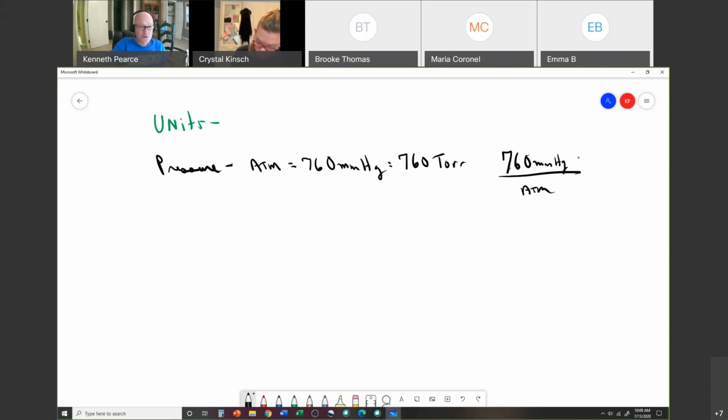Now, what is pressure? Pressure is the force on the container walls. What does that mean? Well, let's take a look at a wall. Here's a wall, and we have gas particles.